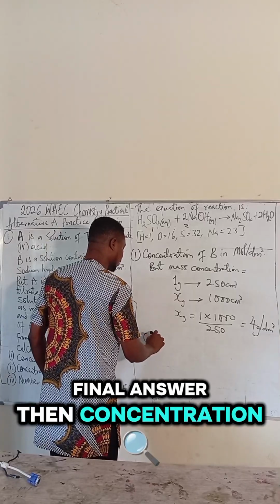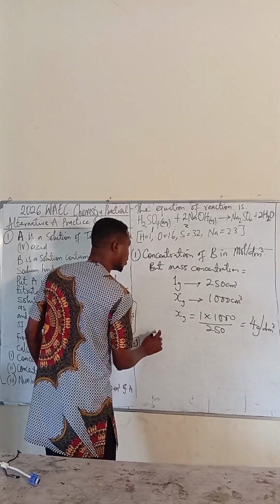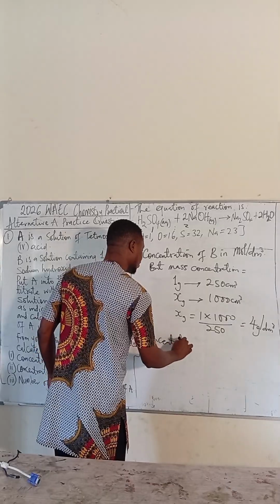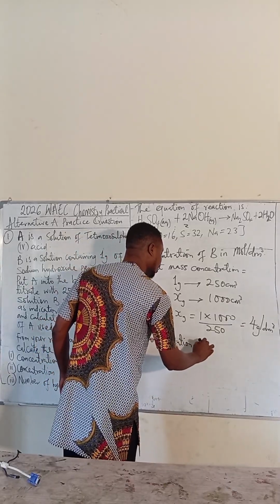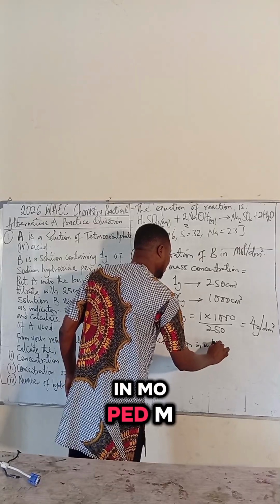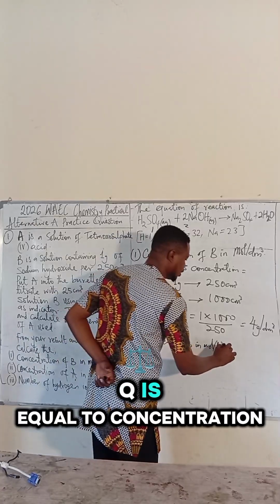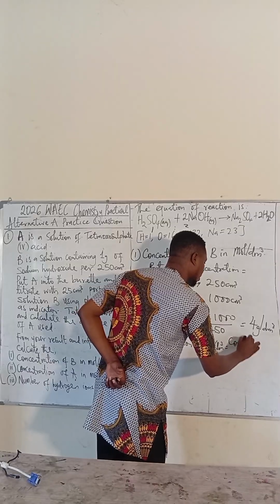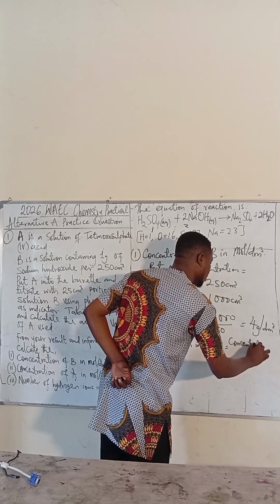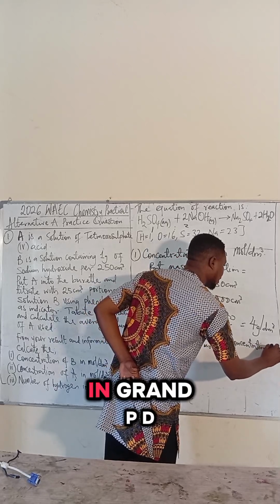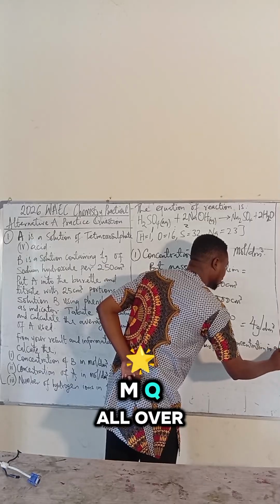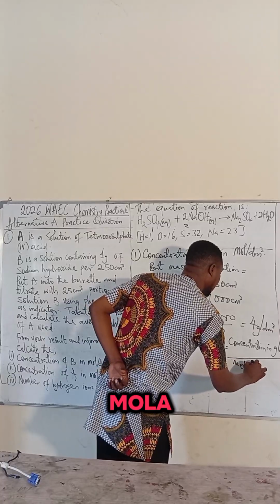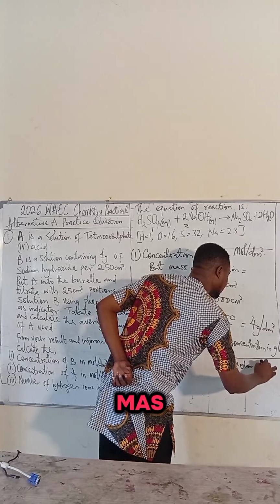Then concentration in mole per dm cube is equal to concentration in gram per dm cube all over molar mass.